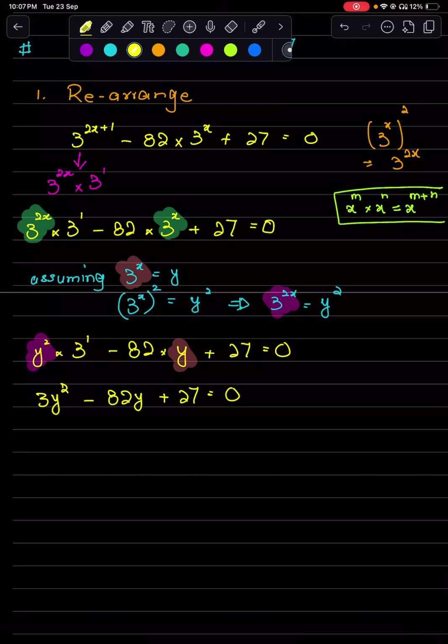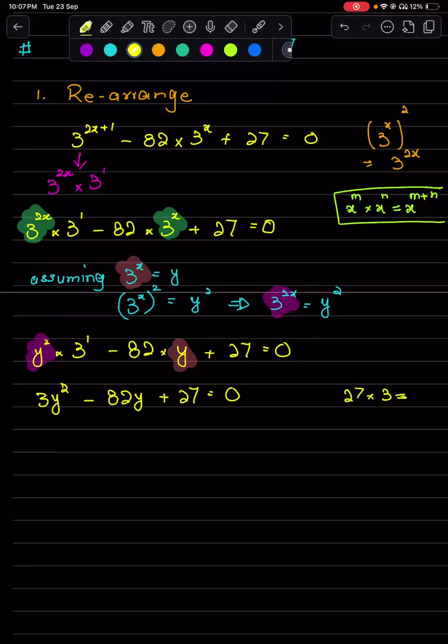No, 82 is indivisible. 27 into 3 is equal to 81. Factors of 81 that should be added to give me minus 82.